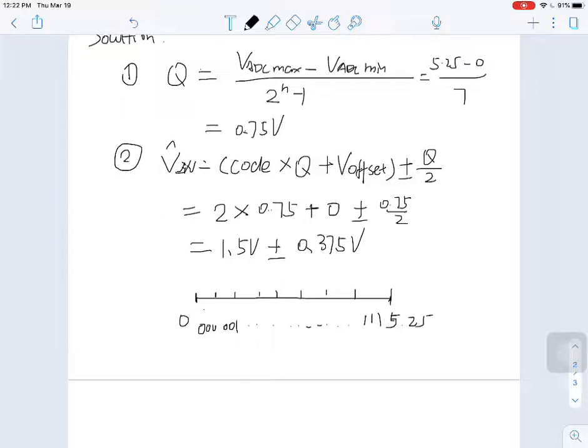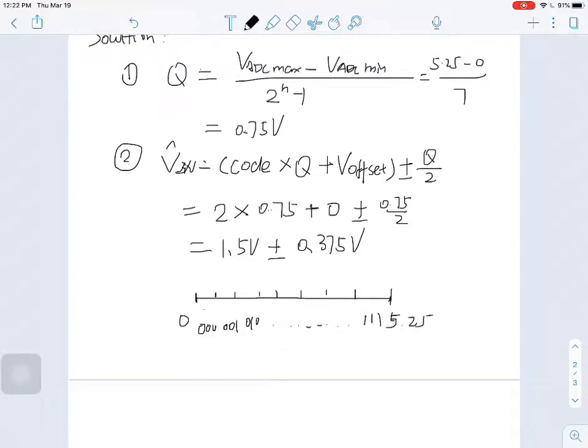So what you get here is, you know the code is 2, which is 0, 1, 0, and this is 2.